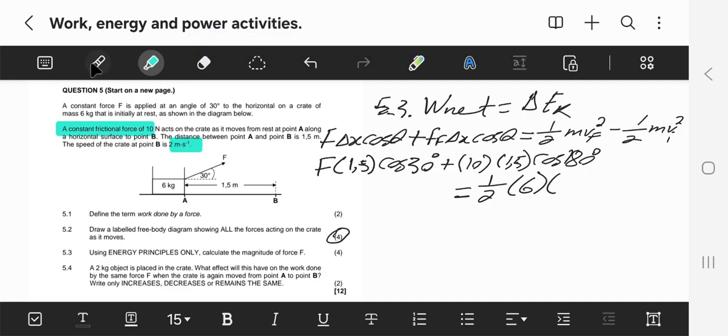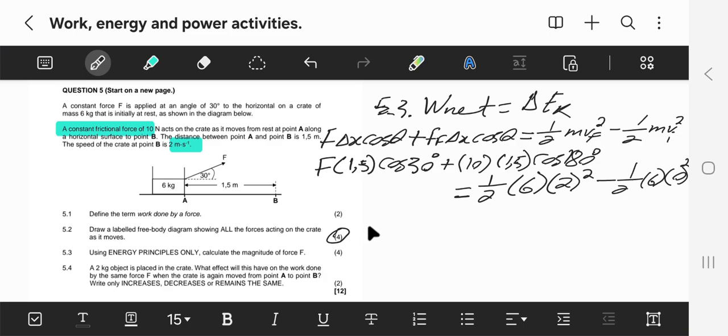So here we are going to put 2, then we'll square it, minus half, in brackets the mass is 6, and here we should put 0 because they told us that this object will start initially at rest, right? So here it should be 0 basically, and then from here, guys, we just use the calculator to get our answer.